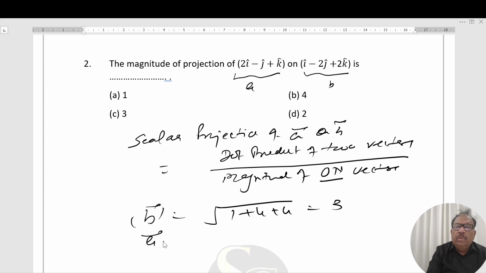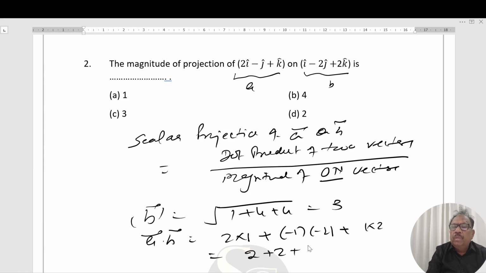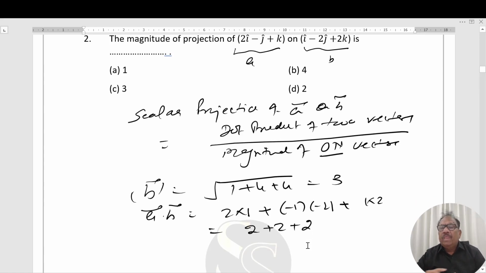A dot B will be equal to 2 into 1 plus minus 1 into minus 2 plus 1 into 2. This comes out to 2 plus 2 plus 2. This comes out to be 6.